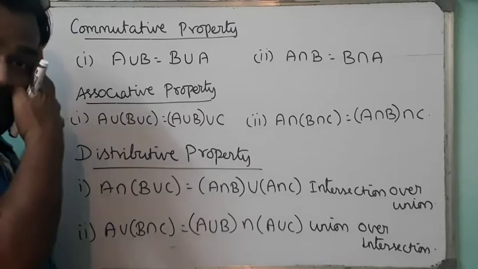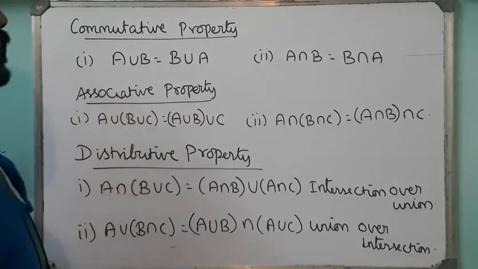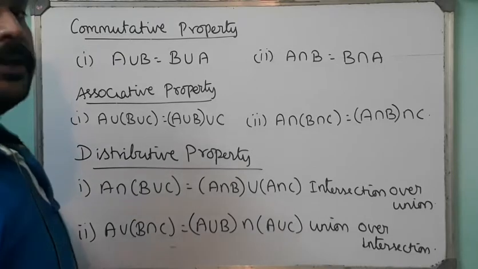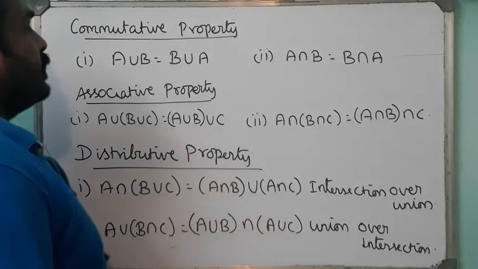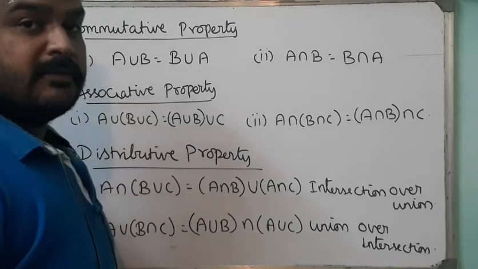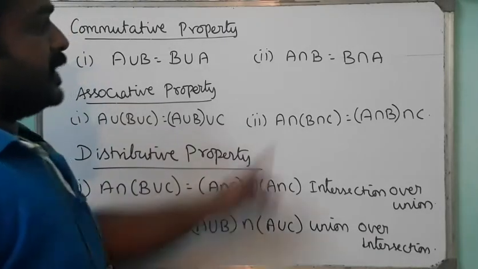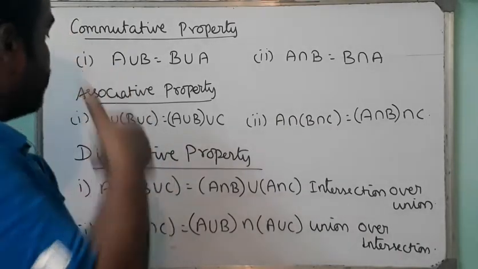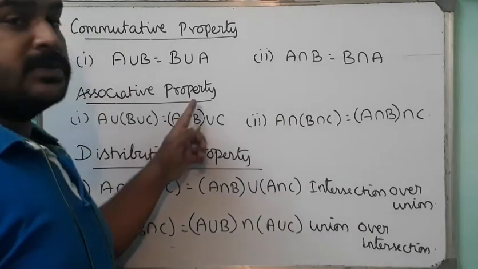So we read these three properties. These three properties are important. What are they? Commutative, associative and distributive. So once again, what is commutative property? A union B is equal to B union A, as well as A intersection B is equal to B intersection A. And what is the second property? Associative property.